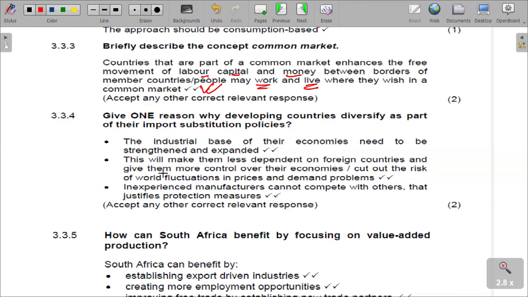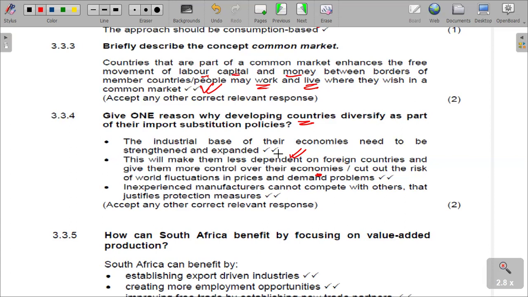This will also make them less dependent. Diversification makes them less dependent on foreign countries and gives them more control over their economy. That is also one other thing. We are talking about developing countries that are not yet well developed, third world countries. It also helps to cut out the risk of world fluctuations in price and demand.